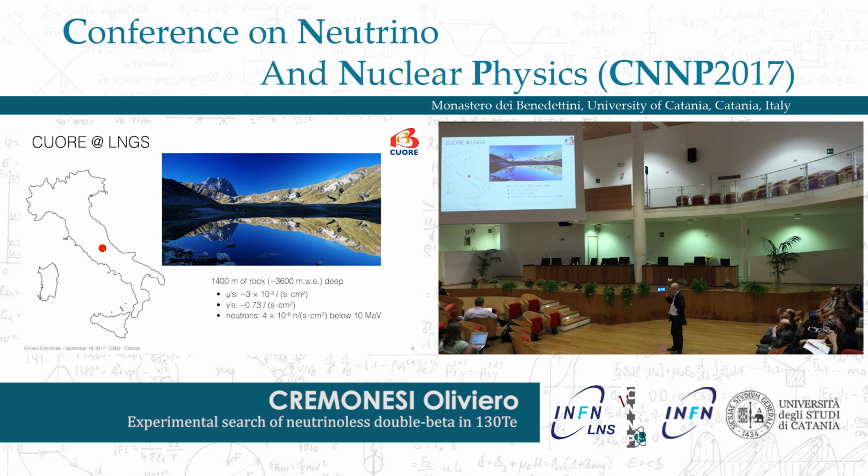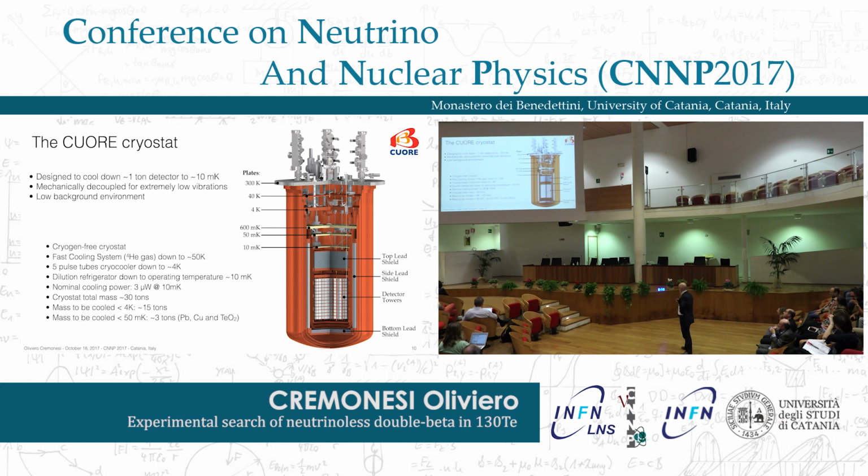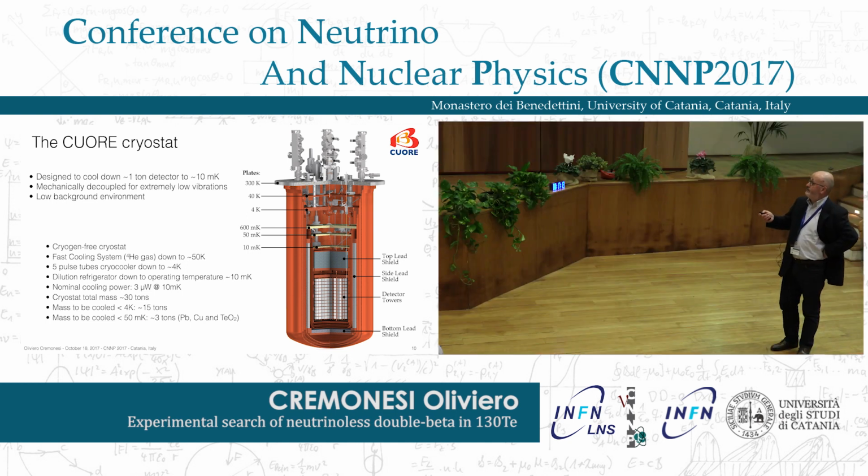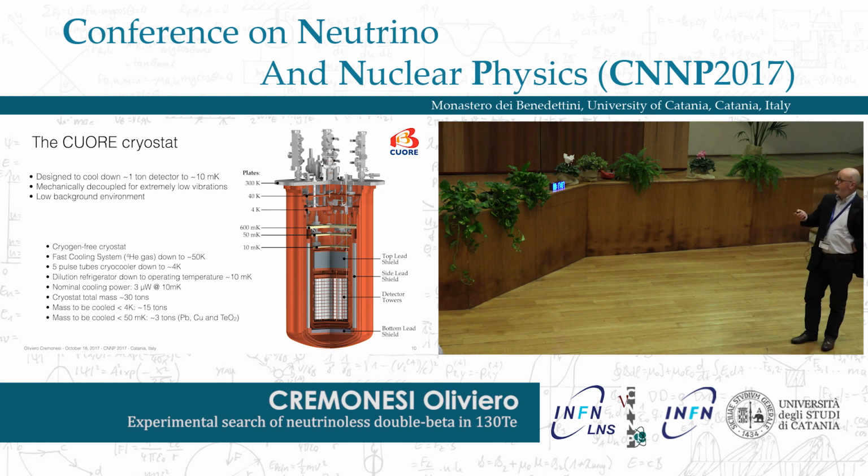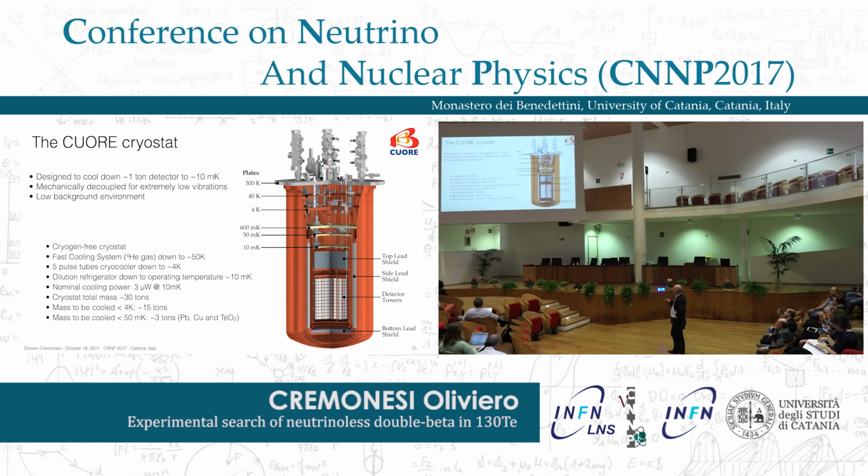The properties of LNGS have been reminded many times, so I will skip this slide very quickly. CUORE is actually a technological challenge. The heart of CUORE is a huge cryostat which hosts the detector and has to cool it down to temperatures of the order of 10 mK, together with a lot of other ancillary subsystems.